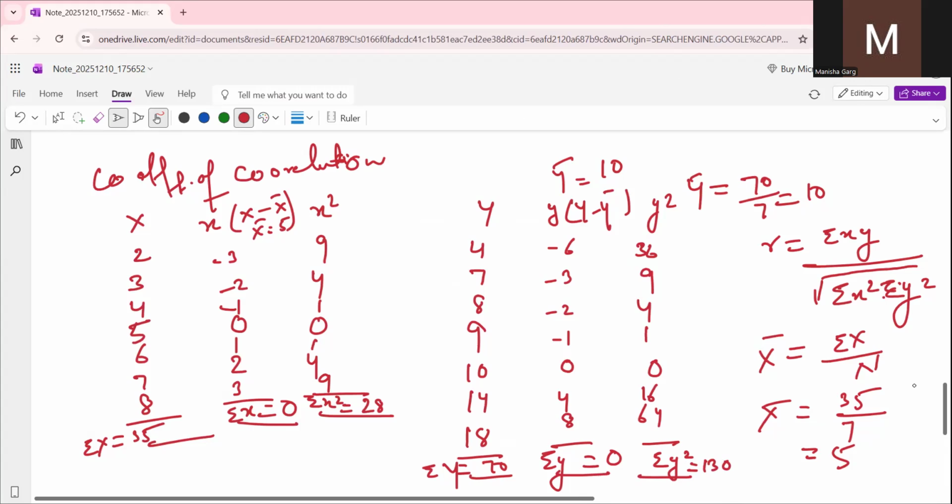In the formula, we have to find the summation of x and y.